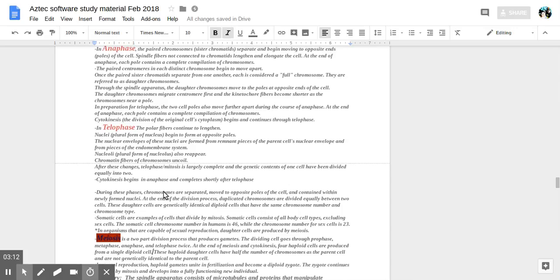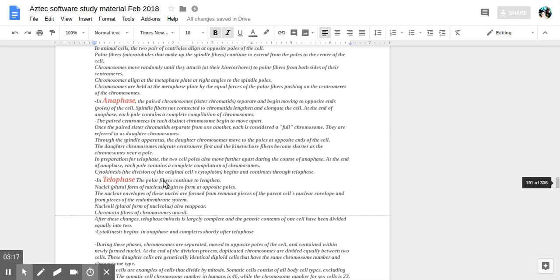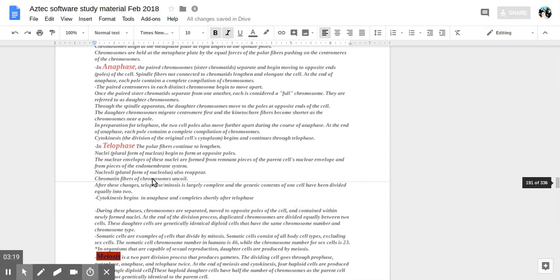So that's how the cytoskeleton helps with cell division, all these protein fibers.